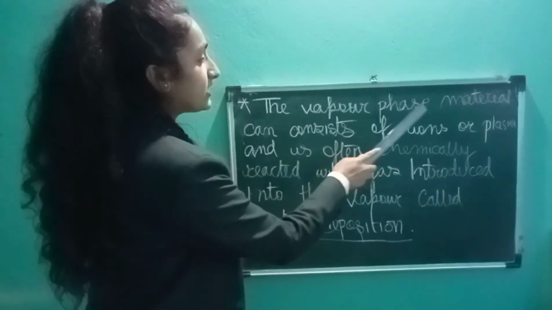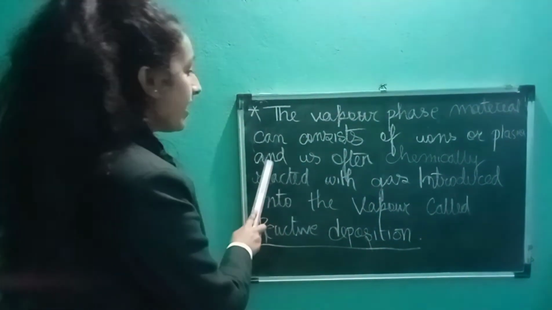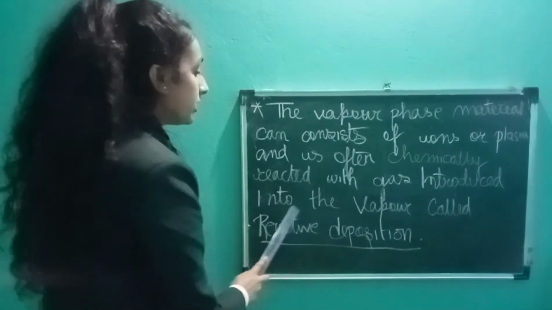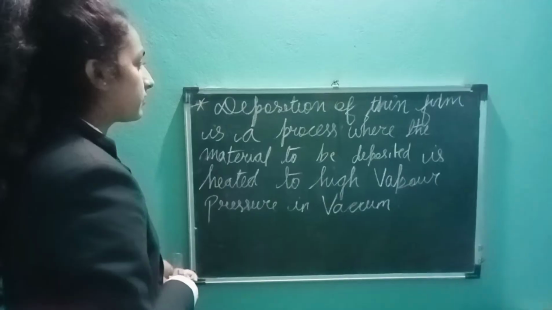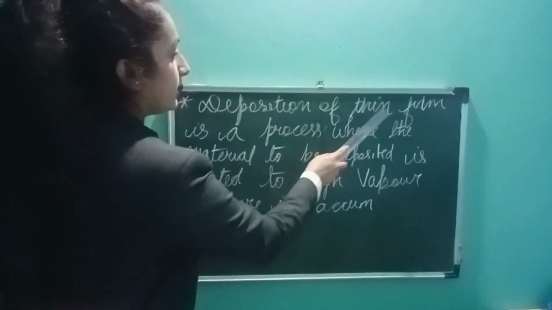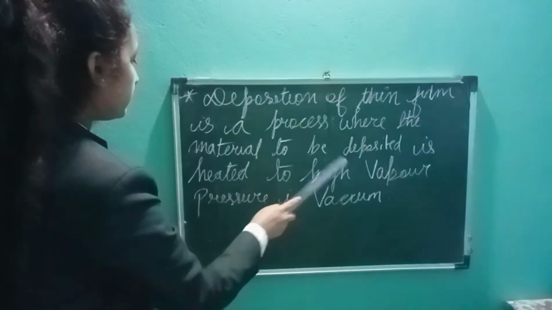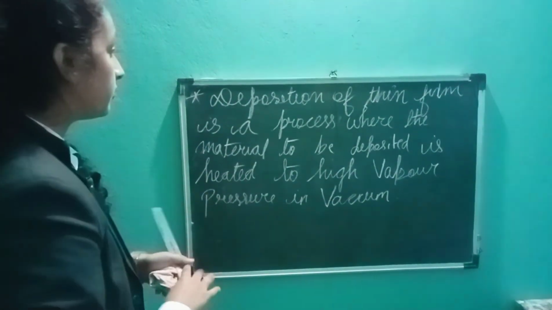The vapor phase material can consist of ions or plasma and is often chemically reacted with gas introduced into the vapor, called reactive deposition. Deposition of thin film is a process where the material to be deposited is heated to high vapor pressure in vacuum.